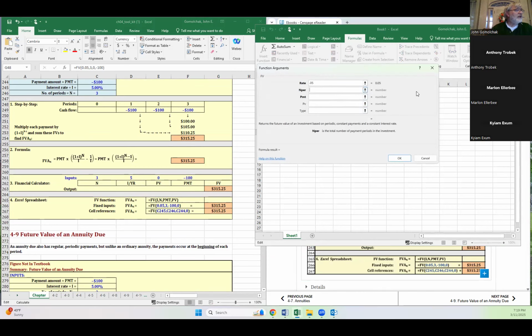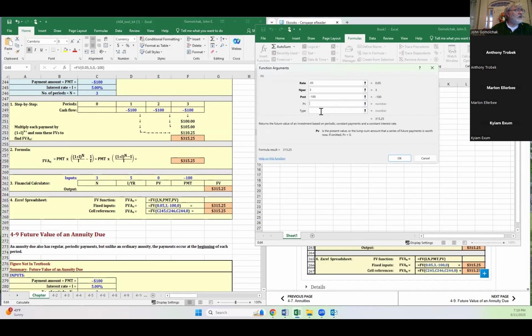What's our number of periods? 3. What's our payment? Now, we do have a payment here. It's these 3 $100 payments. It's not $300, it's the $100, and I believe it should go in as a negative number because we're making those payments. Do we have a present value?